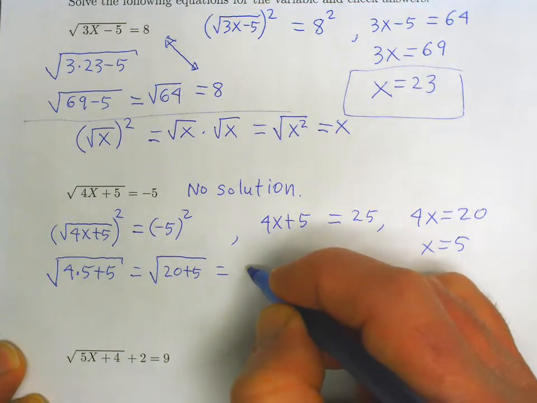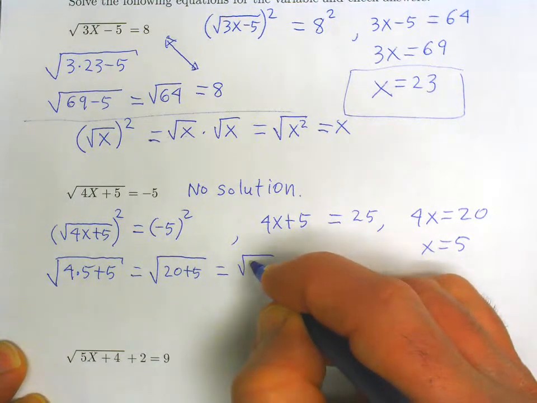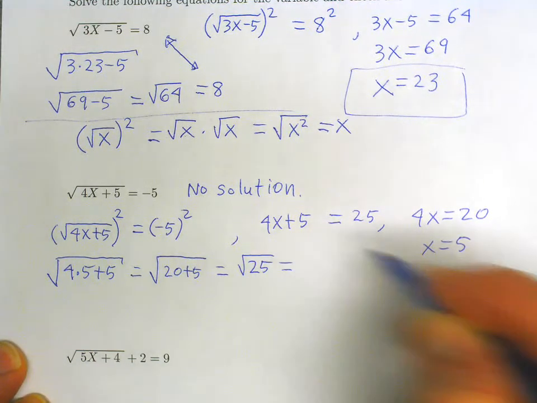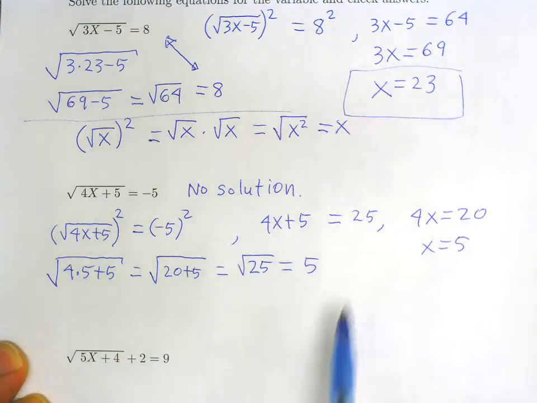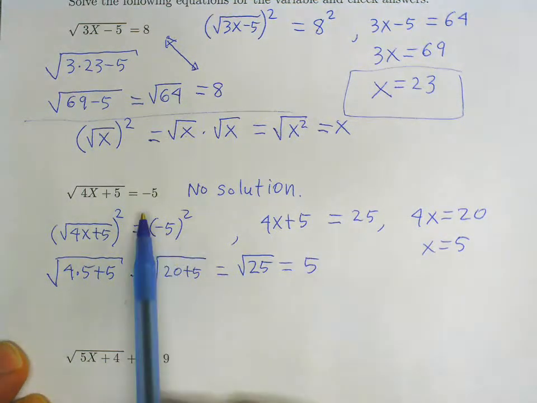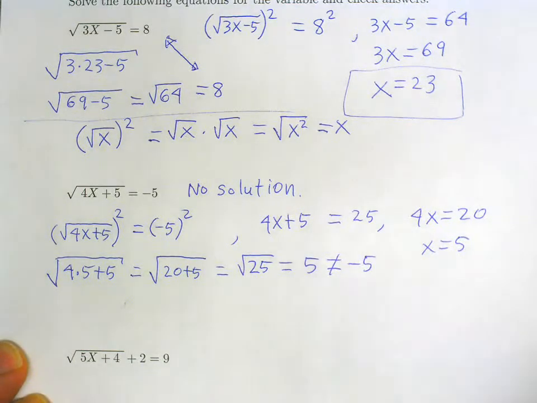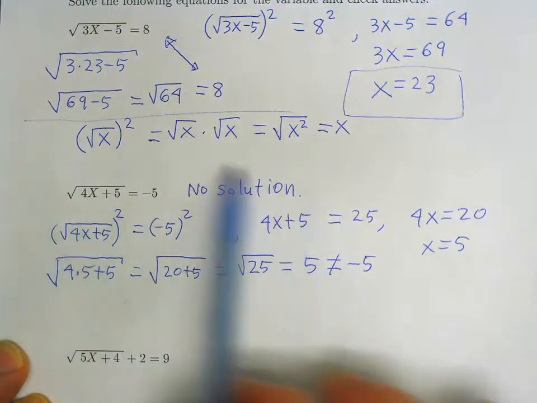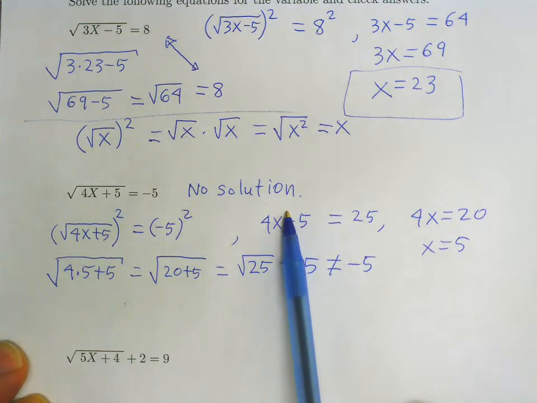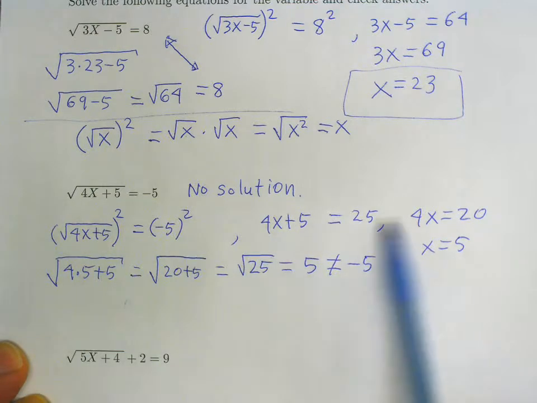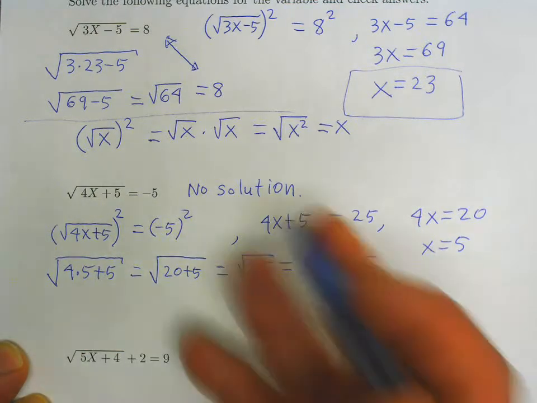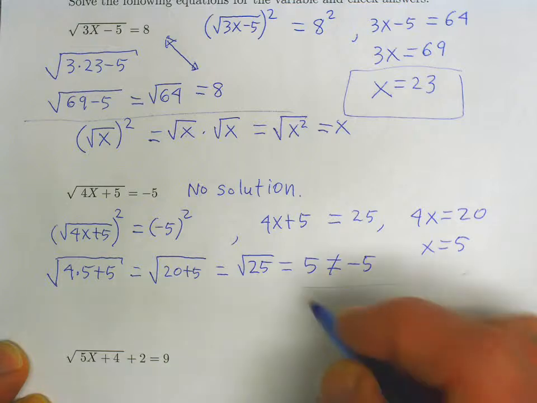And the positive square root of 20 plus 5 is the positive square root of 25, which is 5. But that does not equal negative 5. So either recognize right from the start that there's no solution, or if you don't recognize it, you can still have the right conclusion that there's no solution.